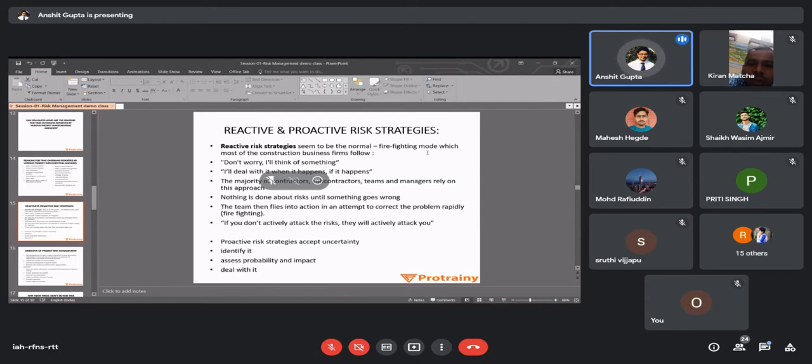We are working at site, at back office, as project managers. Everyone is so busy that we feel risk management is an additional burden. Why should we carry out risk management? So as humans, we have developed that tendency that jab hoga tab hum log dekh lenge. That is the major issue for most of the projects which are failing. Failing means not that the project is collapsing, the project is delaying. That is what I mean.